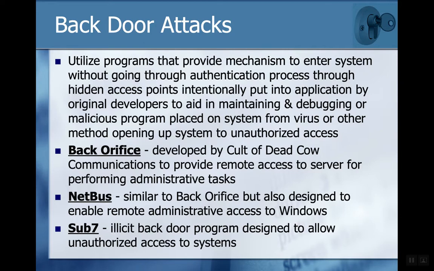So a couple well-known ones: Back Orifice. In this case, it leverages administration and maintenance protocols that are built into systems for administrative tasks, basically compromising that. NetBus does this specifically for Windows. Sub7. So there's a number of these out there, but it's a well-known attack approach used by hackers.